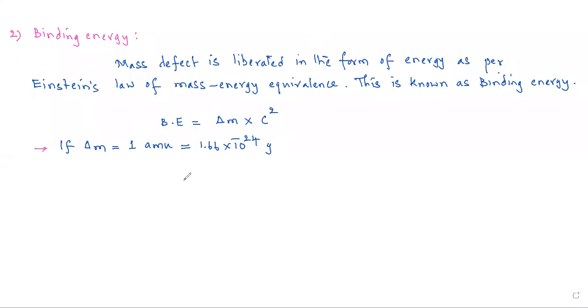In that case, binding energy can be given as 1.66 into 10 power minus 24 into 3 into 10 power 10 in CGS system.